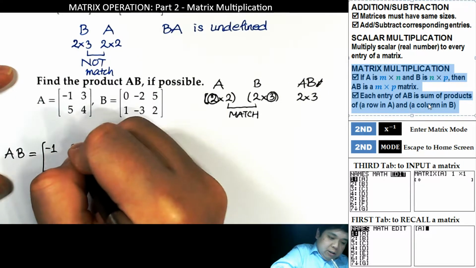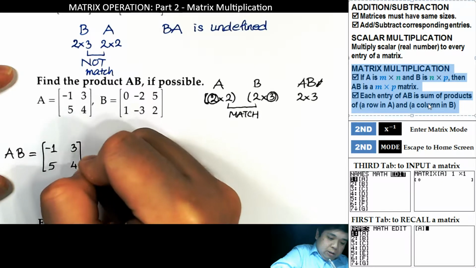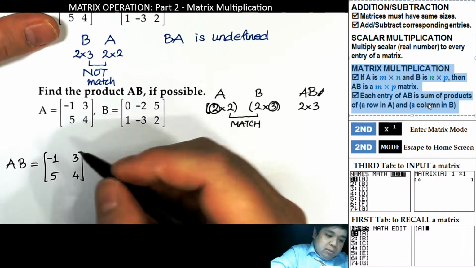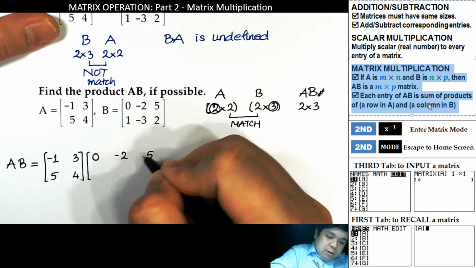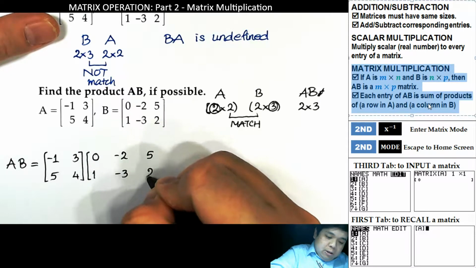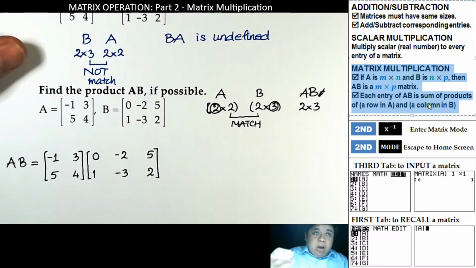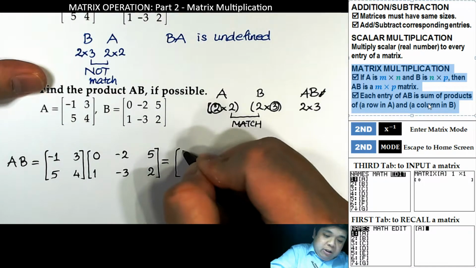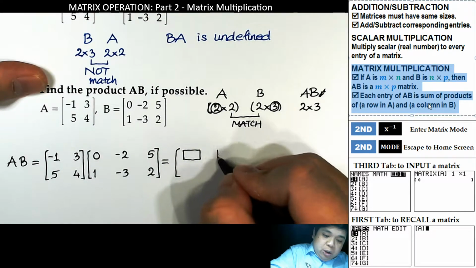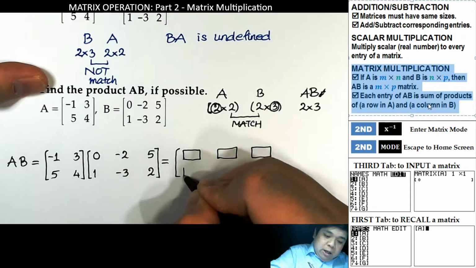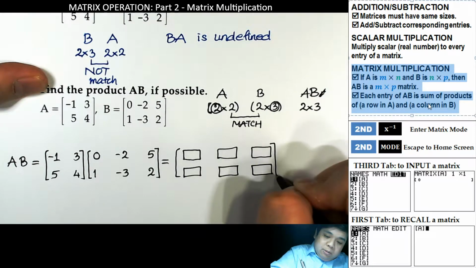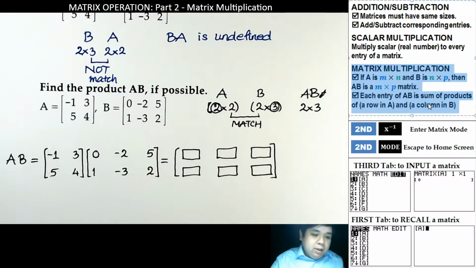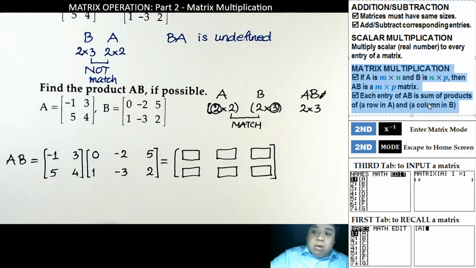A times the matrix B. We know that when we multiply, we will have a 2 by 3, meaning 2 rows and 3 columns. Let's look at it one by one.